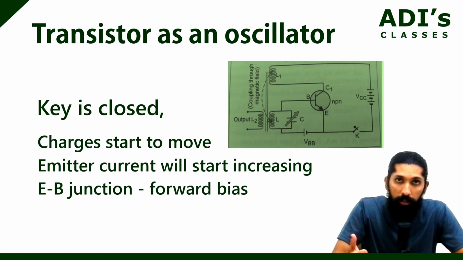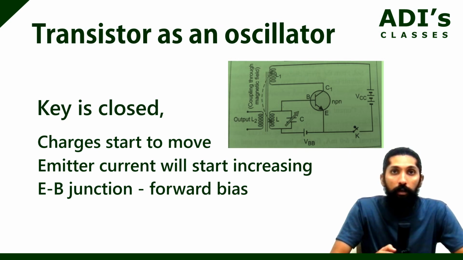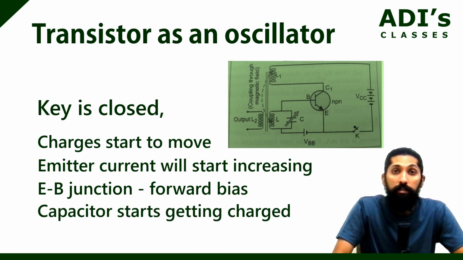As the forward current starts to move in that inductor-capacitor part of the circuit, the capacitor starts to get charged, correct? One more thing is, as IE increases, IC will also increase, the collector current will also increase, correct? So first thing, what is happening?